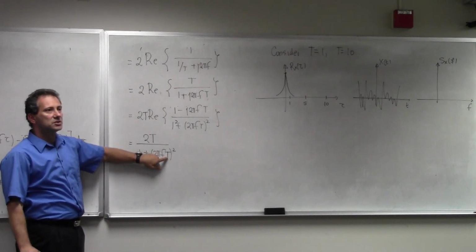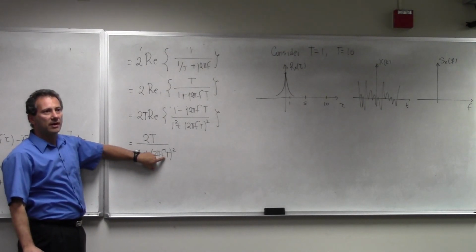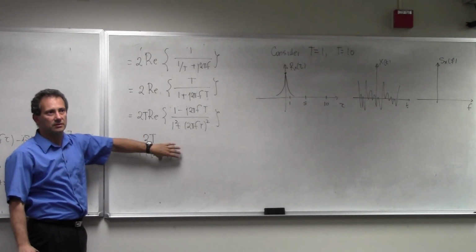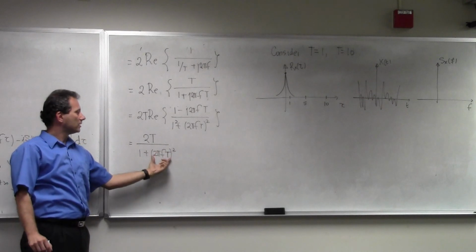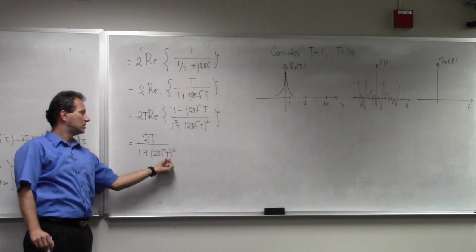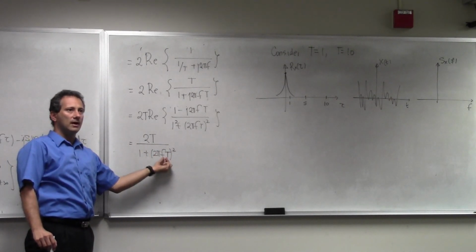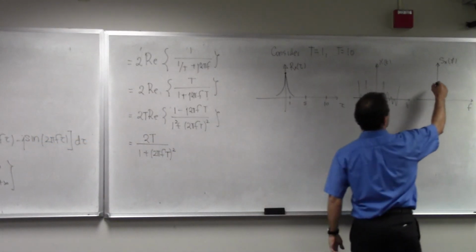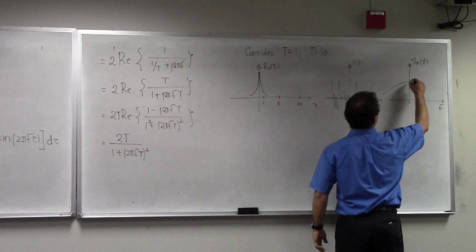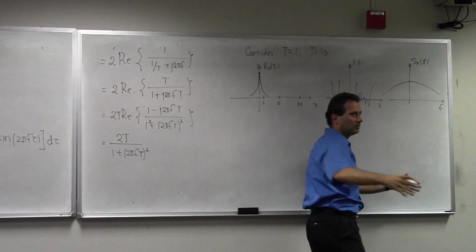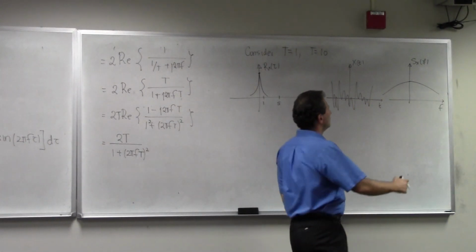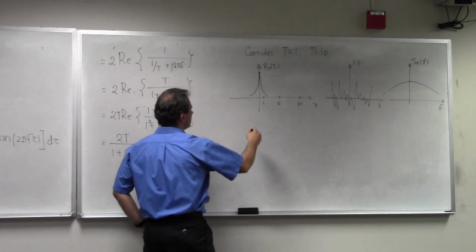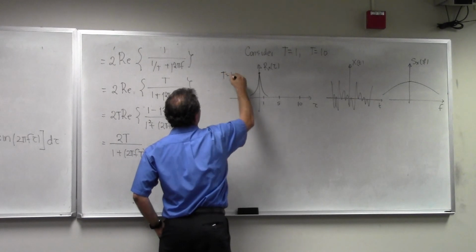But because T is small, it will take a large f before this starts decreasing. For this product to be significant, because capital T is small, f needs to be large. So if I were to plot this Sx of f, this is how it might look. It will be wide open. It will take quite a bit of f before it starts decreasing. So this is for T equal to 1.